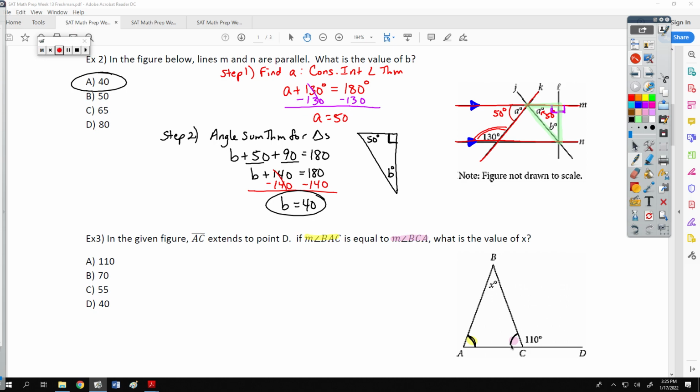So we should start off finding the measure of angle BCA by saying the measure of angle BCA, again that is our pink angle. So the measure of the pink angle plus the 110 degrees has to equal 180 degrees because they form a linear pair.